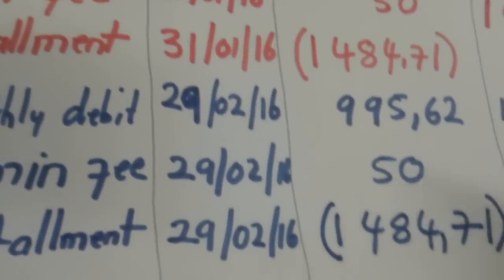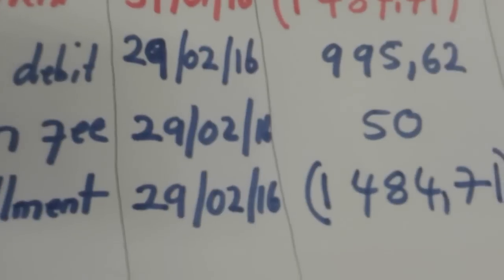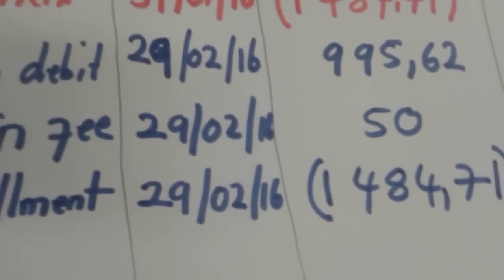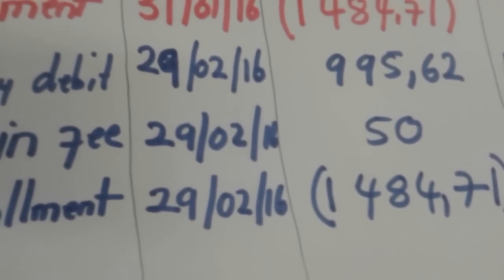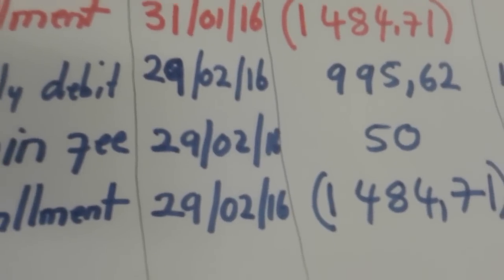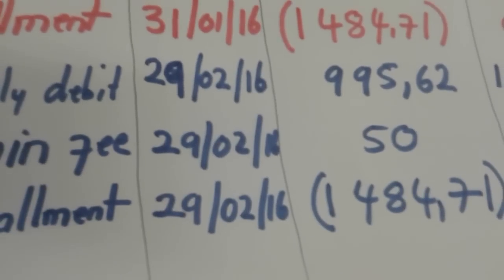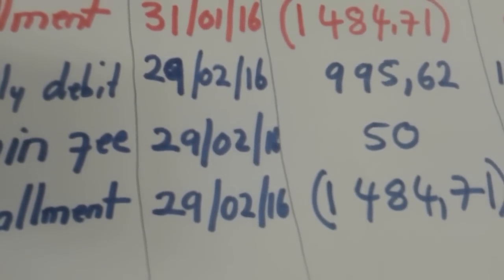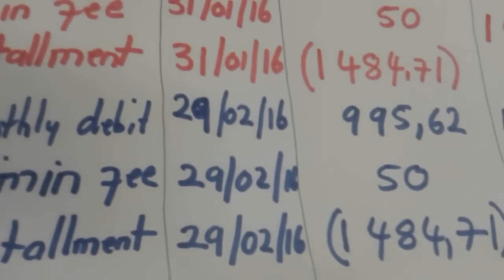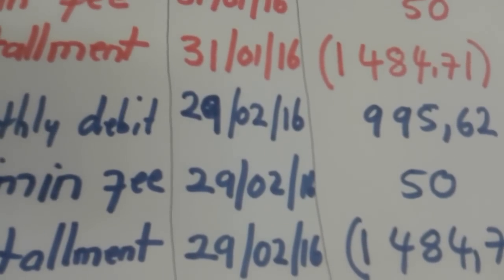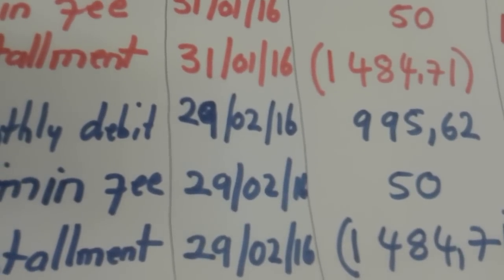1484.71 minus, right? And then let's quickly calculate our balance, which is 100,607.91 minus 1484.71, which gives you 99,123.20.